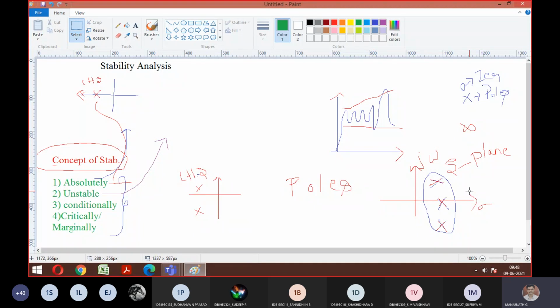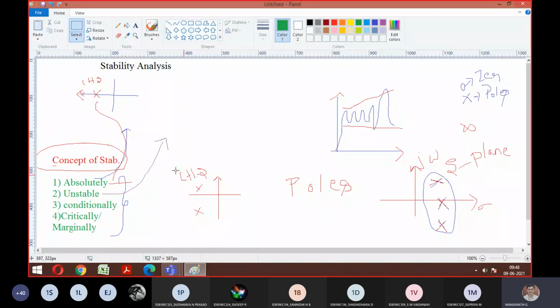This is a simple representation with respect to some conditions. If we follow some conditions here, it is going to be said to be stable conditional. Similarly, unstable conditional.